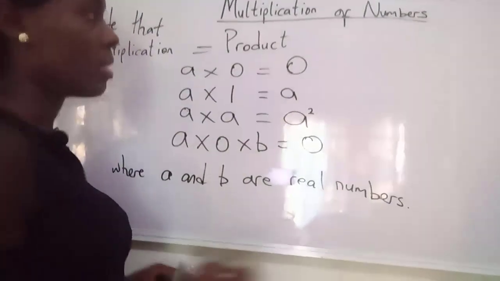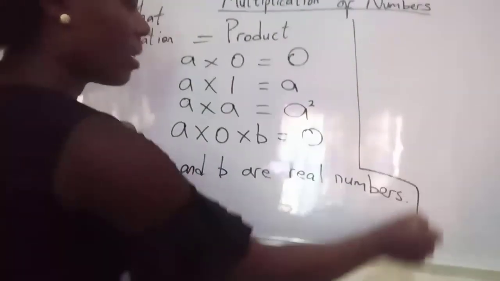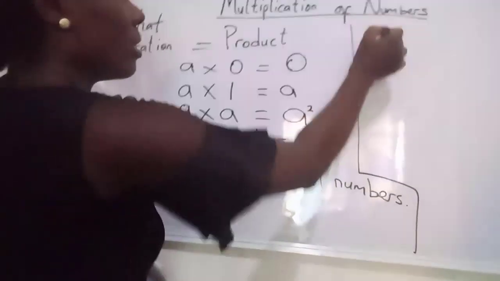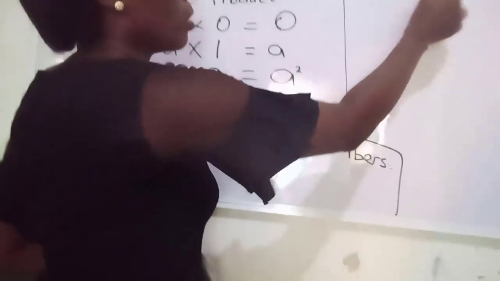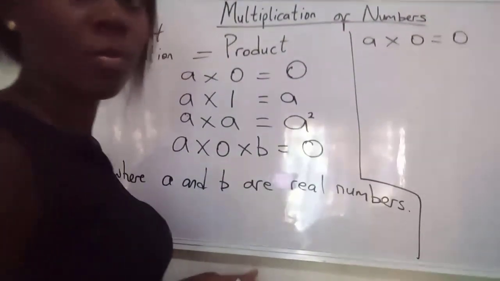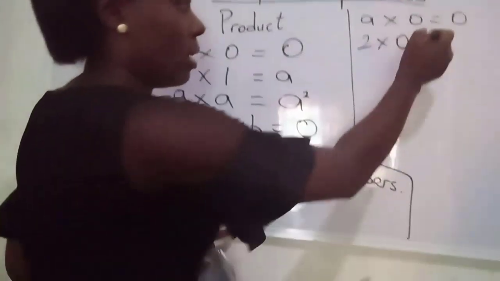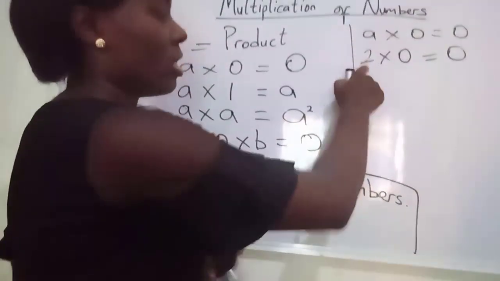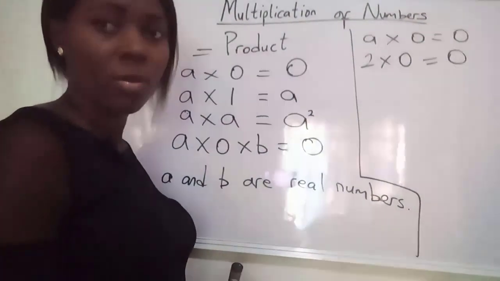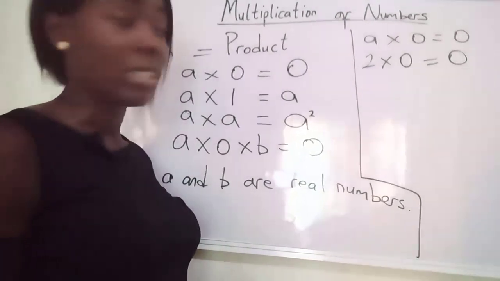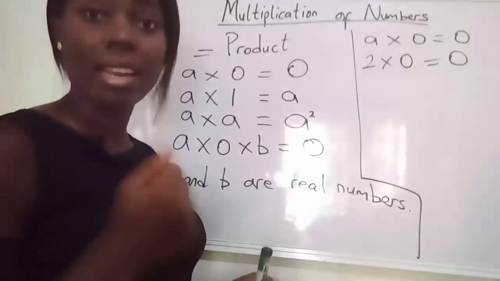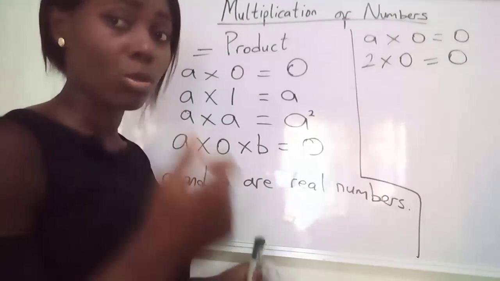Okay, I'll explain them one after the other. Like I've said earlier, for this one, a times 0, let's put a number in its place. What is a? A can be 2. 2 times 0, what will it give you? It's 0. Why? Because it's just like having 2 in your hand, and you don't put it inside a bag. Will you find that 2 in a bag?